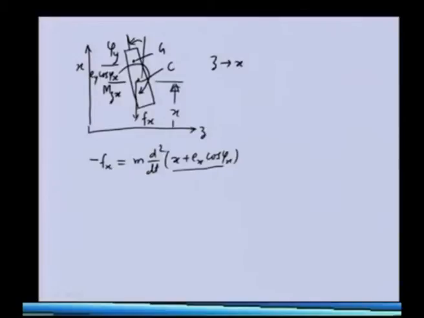So you can see this is x, and then from C to G is Ey cos phi x. This is also phi y because the angle is phi y. Now we can do the force and moment balance also.